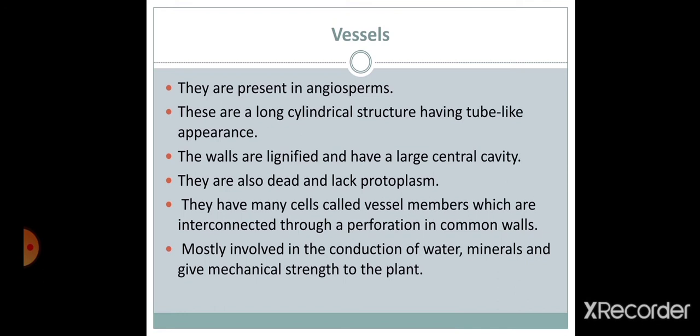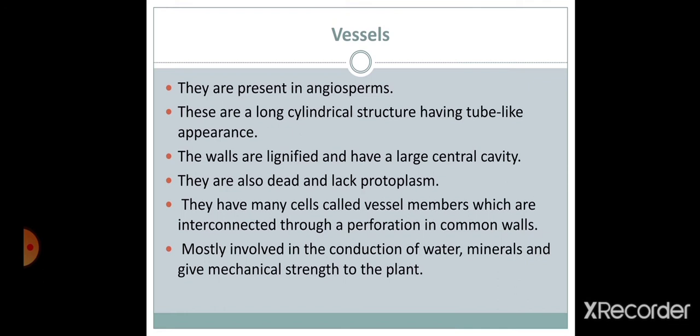Based on the lignin deposition, there are five types of vessels in plants. They are annular vessels, spiral vessels, scalariform vessels, reticulate vessels, and pitted vessels, the same as in tracheids. In tracheids also there are annular, spiral, scalariform, reticulate, and pitted tracheids.